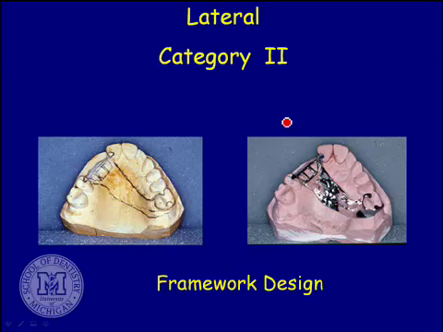Question: how much is tilted? I know the more it's tilted, you want the forces on the long axis. There are many photoelastic studies they've done, both for fixed partial dentures and for removable partial dentures.